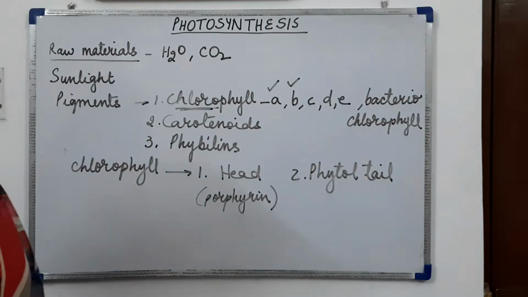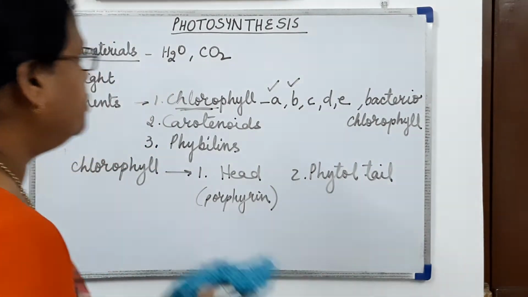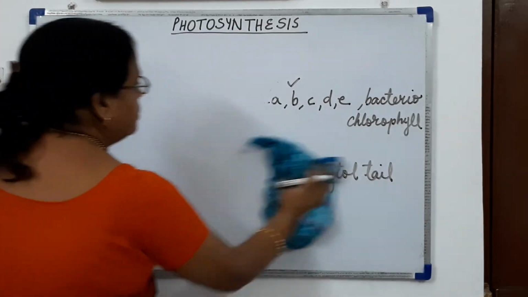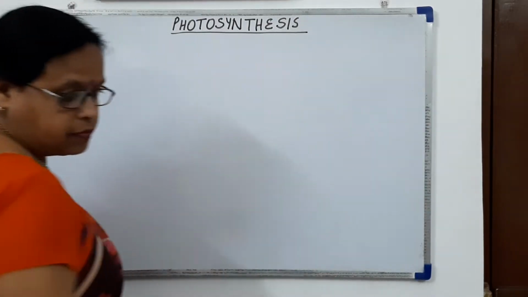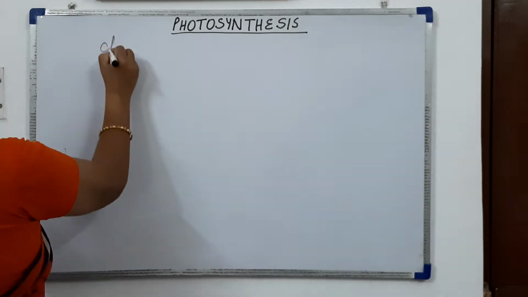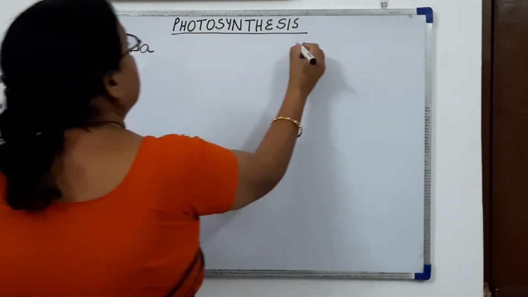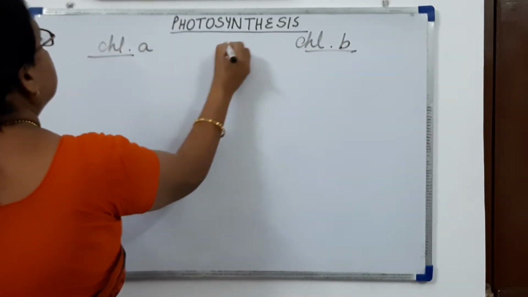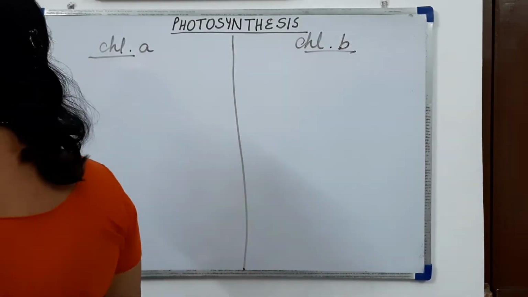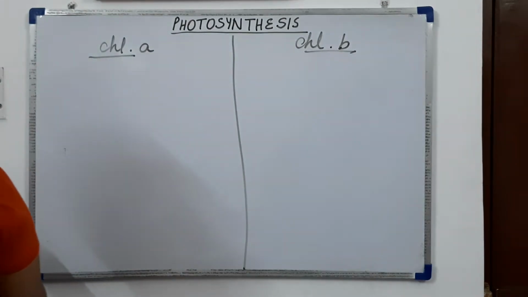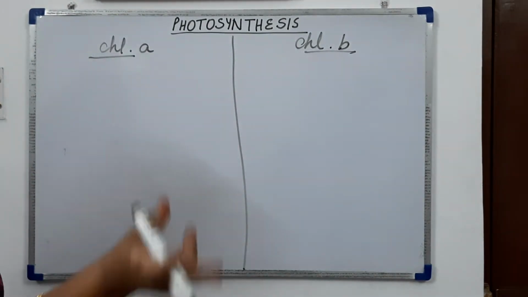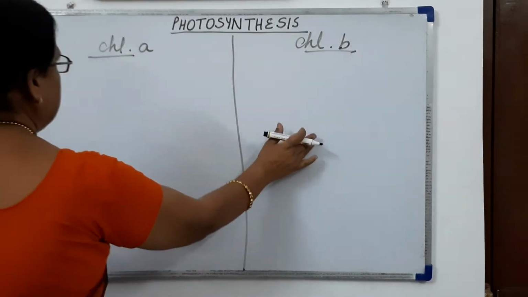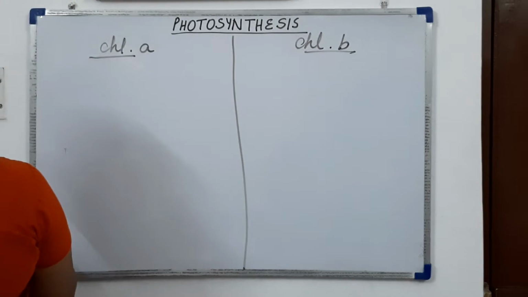So if we see the difference between chlorophyll A and chlorophyll B, the structure I will be telling you later. First of all, we will be seeing the difference between chlorophyll A and B.